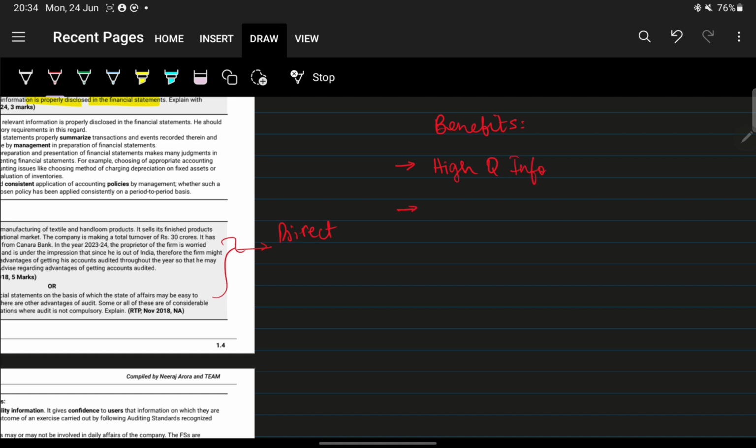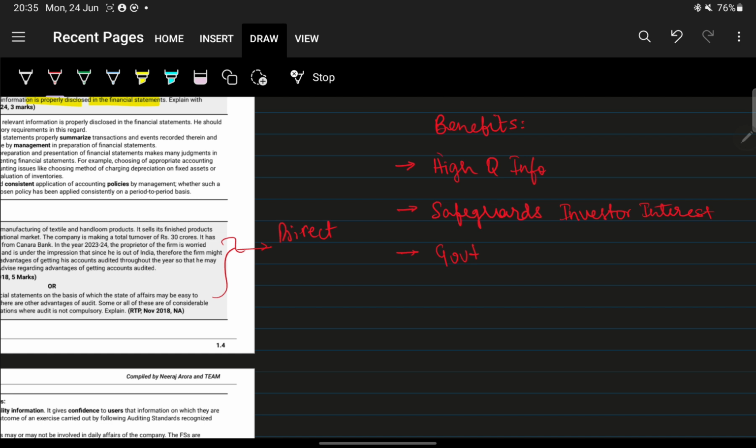And then it safeguards the interests of the investors, right? Safeguards investors' interest. Okay, it is used for ascertaining government liabilities.